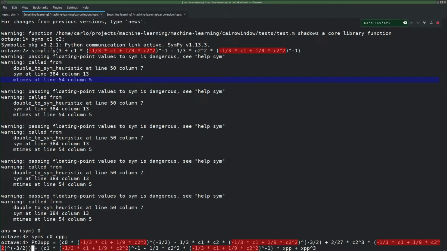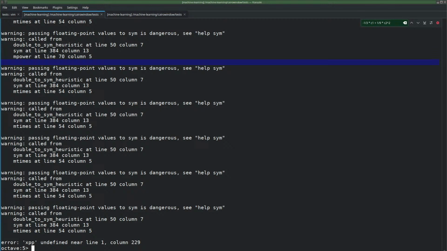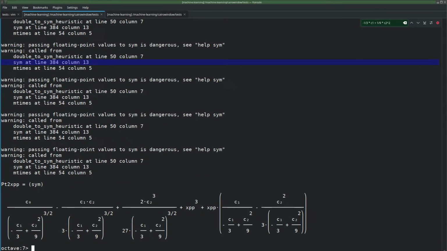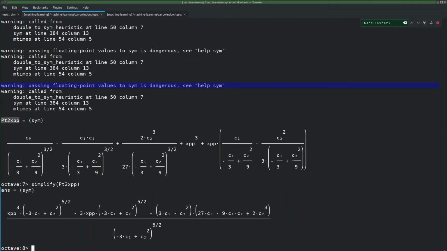Oh, what is the only thing then? XPP undefined. CPP. XPP. Simplify. No, that's hardly simpler.